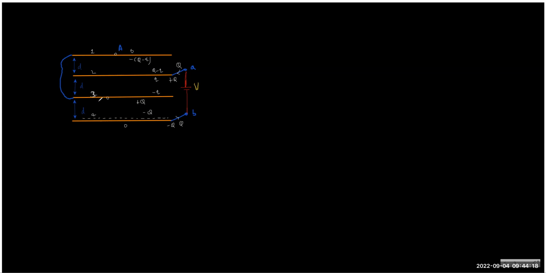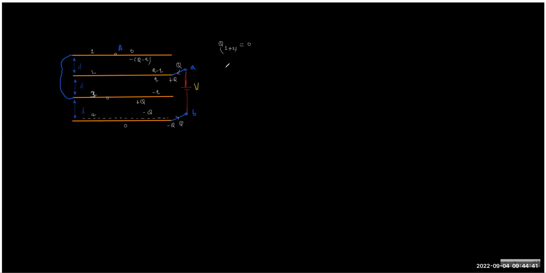So plate 1 and plate 3 are isolated. So the net charge, the sum of charge on plate 1 plus 2, must be 0, right? Is this clear? Yes, sir.